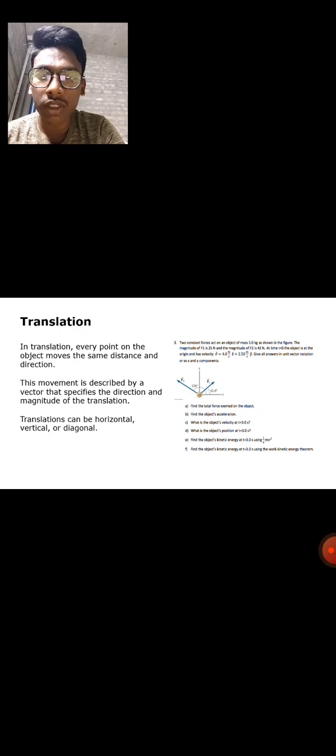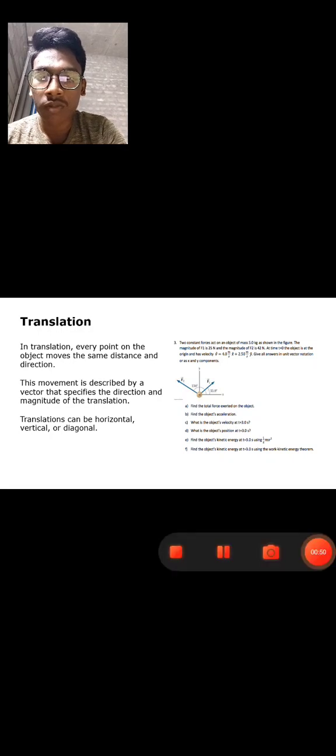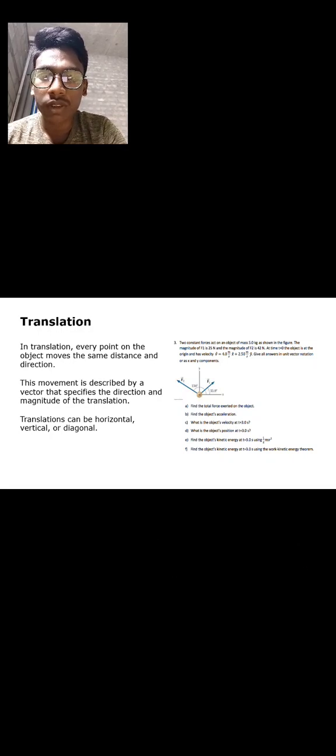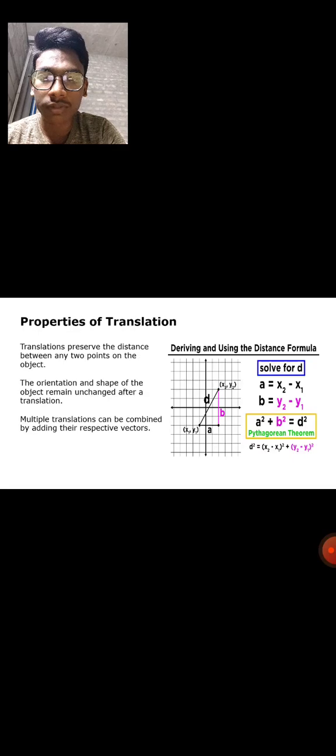Translation. In translation, every point on the object moves the same distance in the same direction. This movement is defined by a vector that specifies the direction and magnitude of the translation. Translation can be horizontal, vertical or diagonal.